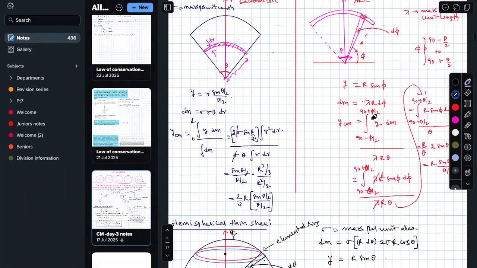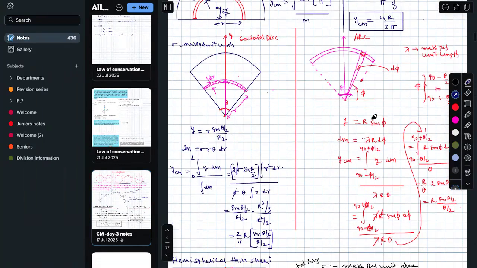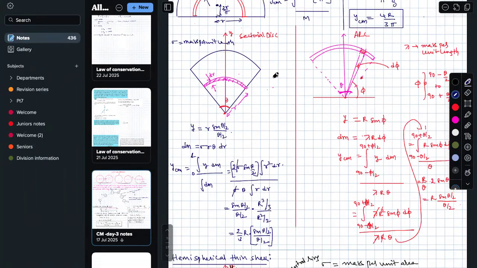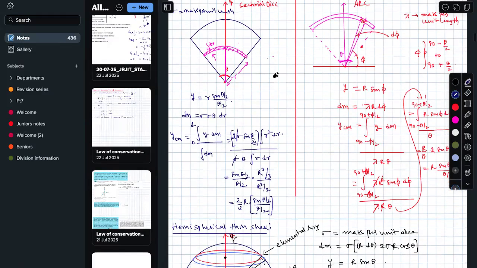I have done this in your class. Now, what is this? Sectional disk. What is it that you are getting? 2 by 3 r sin theta by 2 by theta by 2. Yes or no? The same thing you require.